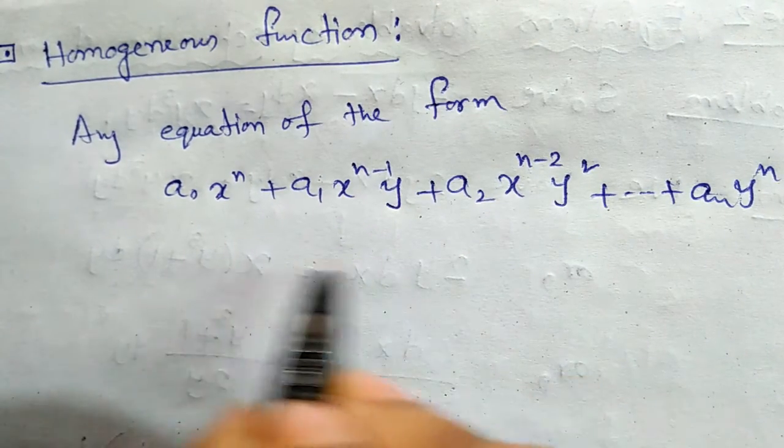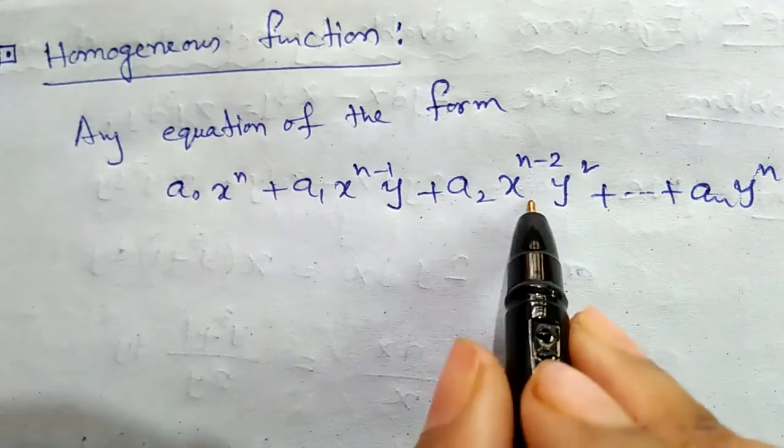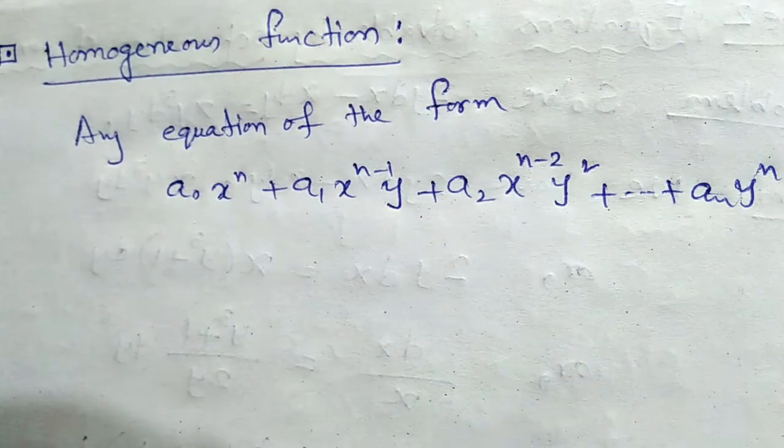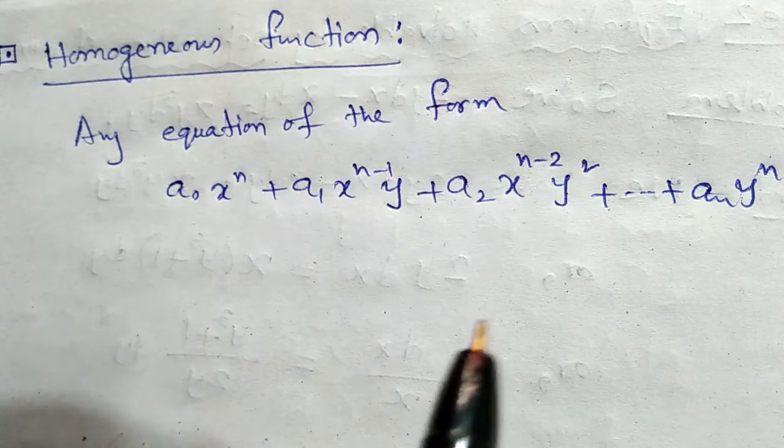See here, every term is of the nth degree. So this is called a homogeneous function of degree n in x and y.